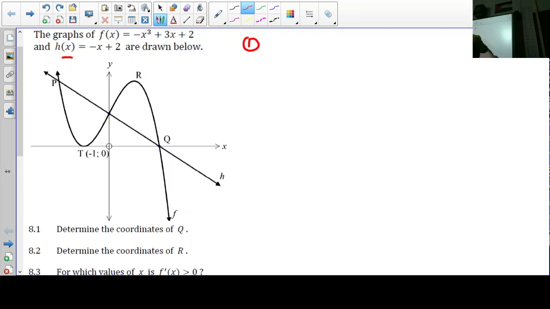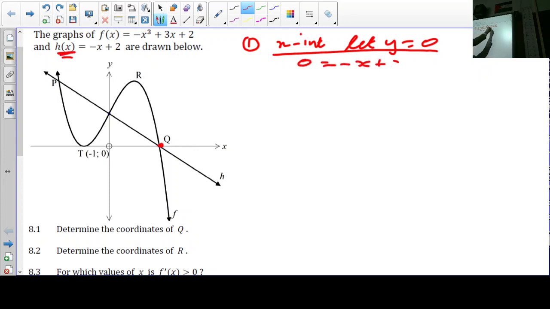For our x-intercept, remember Q is on the x-axis, so we let y equal to 0. So h of x, there is your y, so 0 is equal to negative x plus 2. So x works out to be 2. I know some of you could have written it down without doing any calculation. No problem with that.